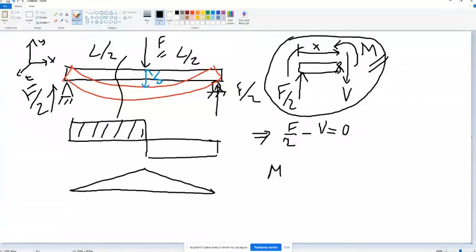So we will have F over 2 multiplied by X, but the direction like this, so it is the opposite of M. We will use minus F over 2 multiplied by X. And we have got nothing from the vertical force because it passes through the moment zone, so we have got no distance for it. Because of that, we will have this moment equation.